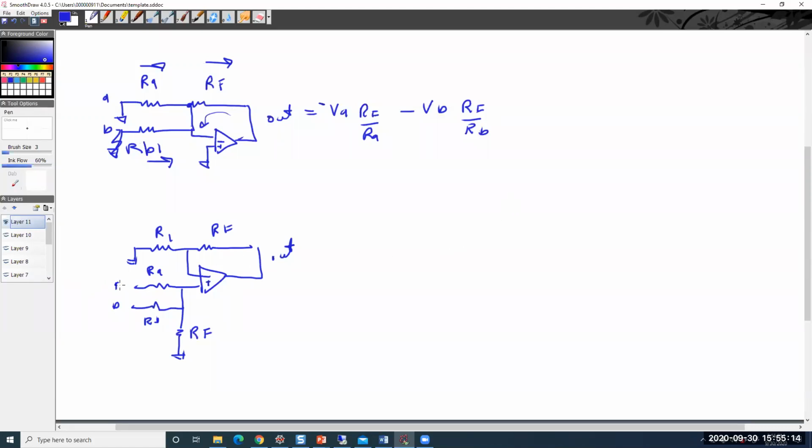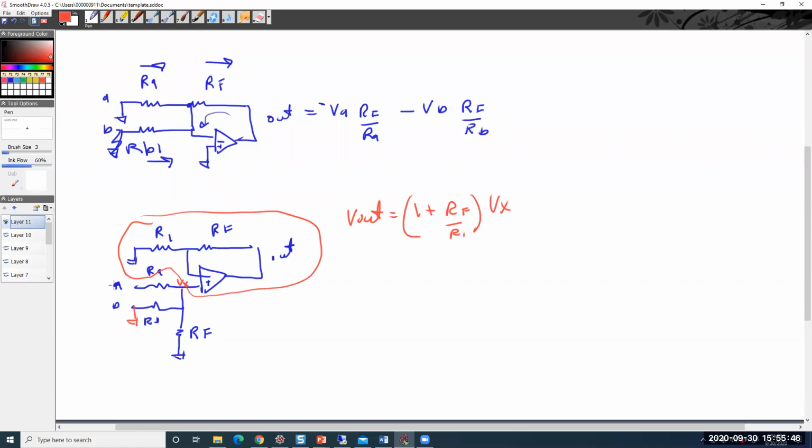So this is a non-inverting summer, but it's a little bit trickier. But let's take this node and call it Vx. Well, you can tell that that's a non-inverting gain stage. So V out is going to equal 1 plus RF over R1 times Vx. Well, what's Vx? Let's do our superposition.